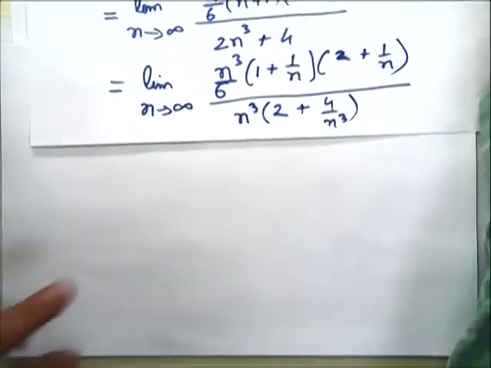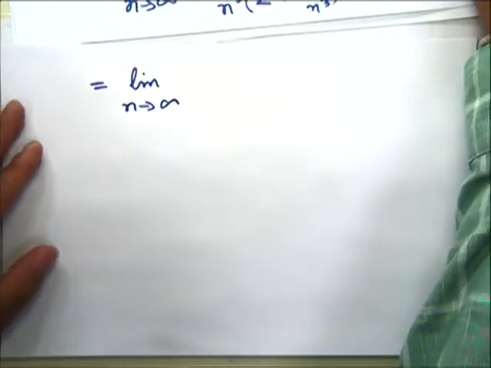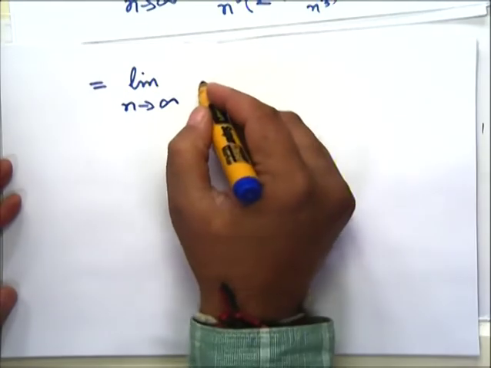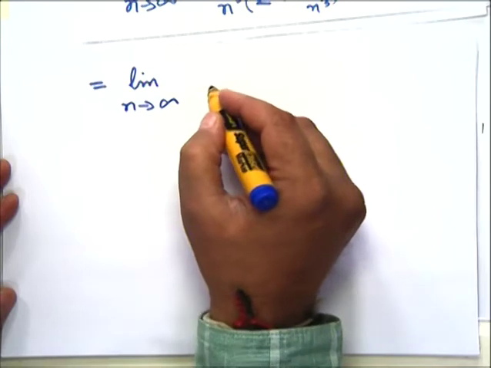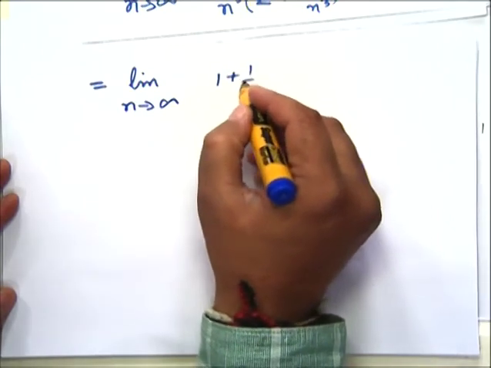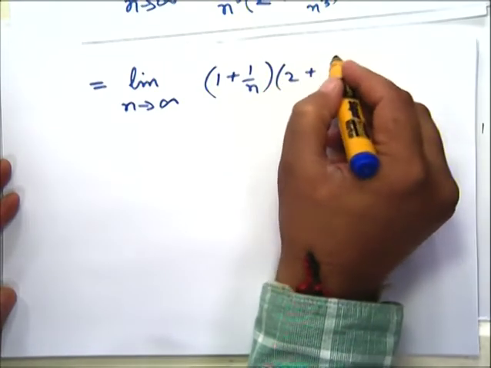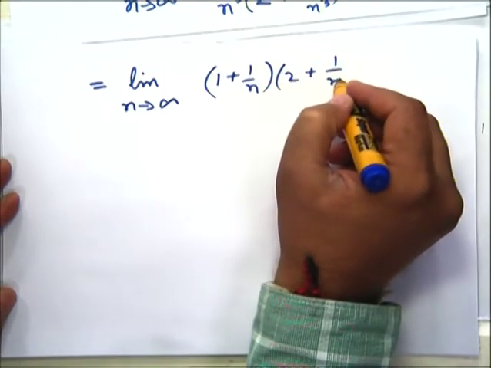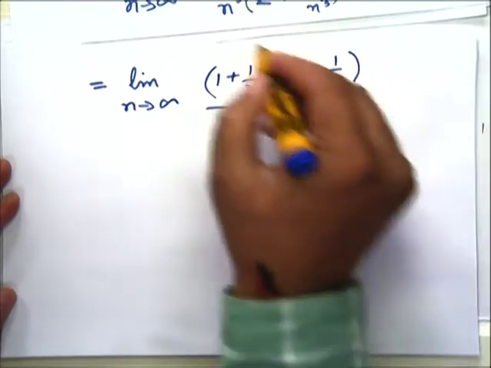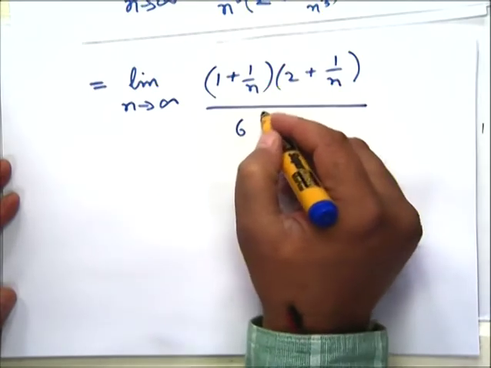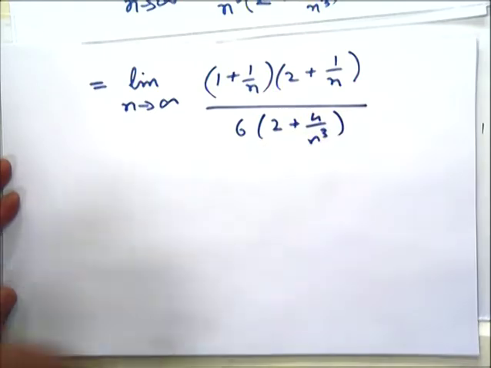The n cube cancels. So it is 1 plus 1 upon n and 2 plus 1 upon n, upon 6, 2 plus 4 upon n cube.